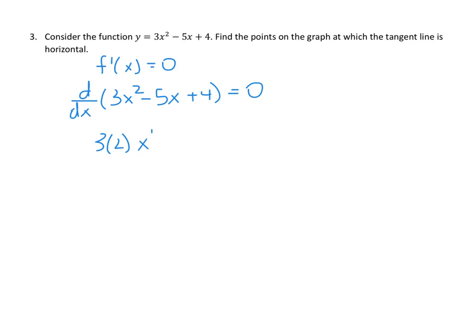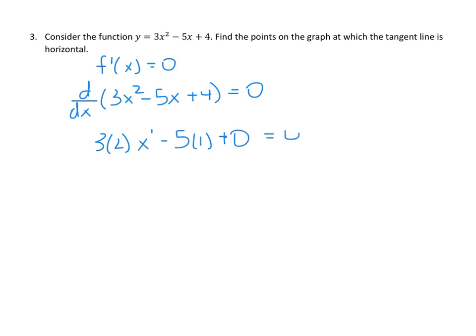The next term, minus 5x, gives a minus 5, using the power rule: bring the 1 out in front and subtract 1 from the exponent, keeping in mind the derivative of x is just 1. And then plus 4: the derivative of a constant is just 0.